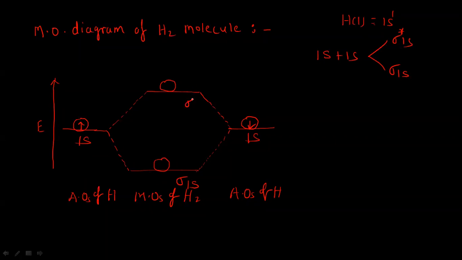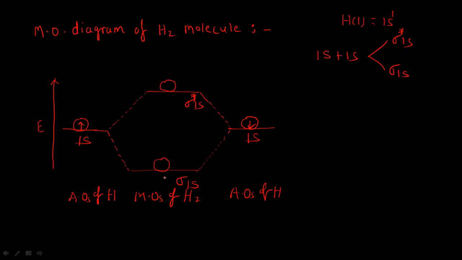The bonding molecular orbital has the lower energy level and the antibonding molecular orbital has the higher energy level. In this way, two 1s atomic orbitals which have the same energy and same symmetry can overlap and interact, and they give rise to two molecular orbitals.